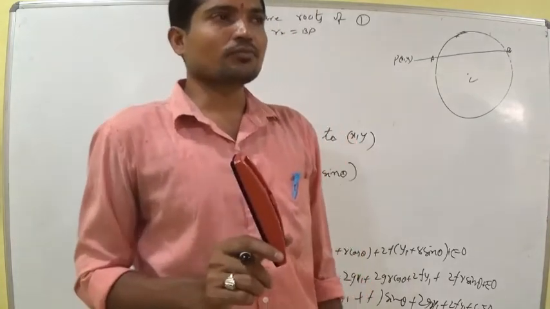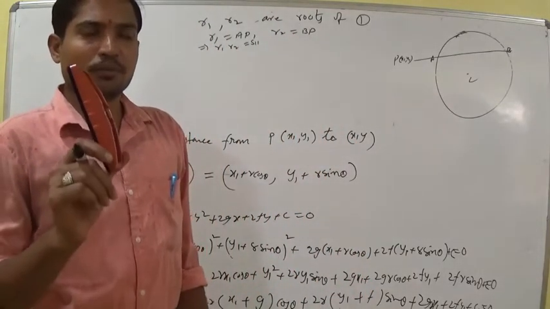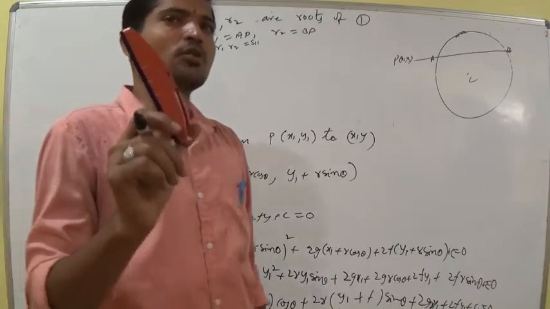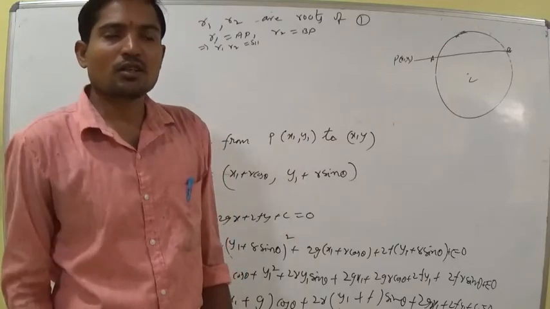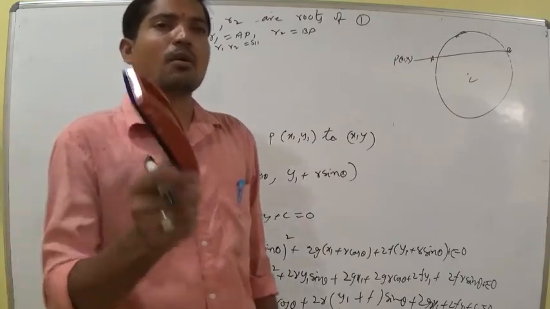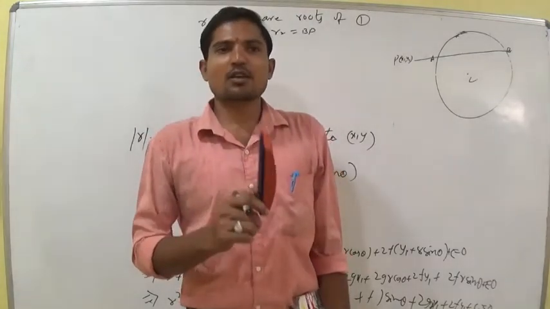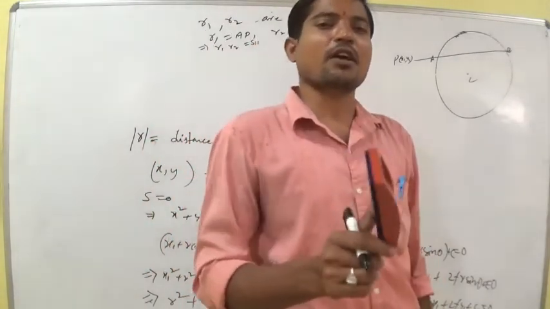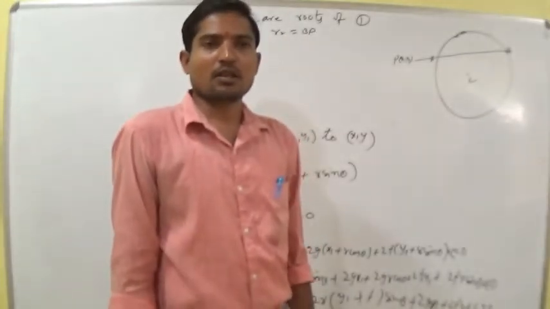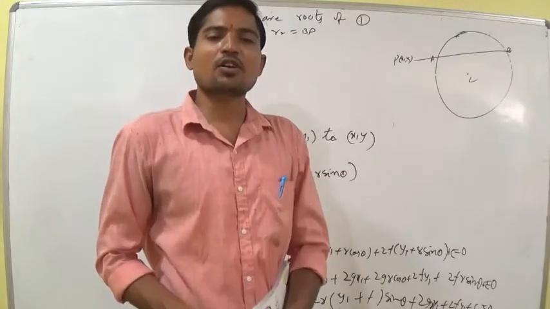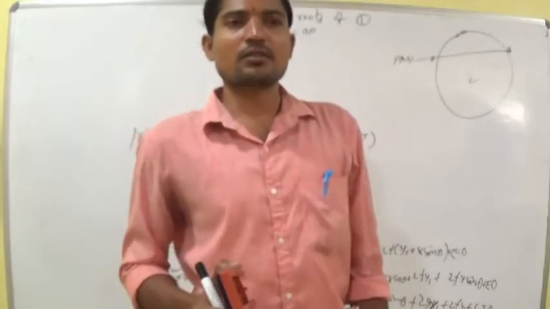Suppose x square plus y square plus 2gx plus 2fy plus c is equal to 0. Here the center is (minus g, minus f). The radius is the square root of g square plus f square minus c. If the radius of a circle is 1, then that is a unit circle.